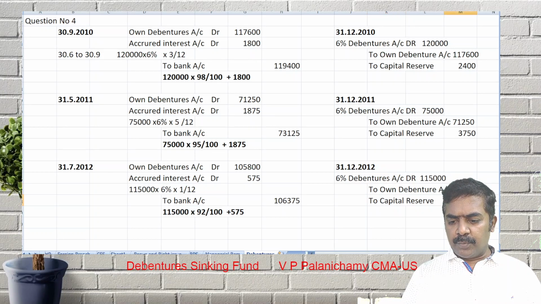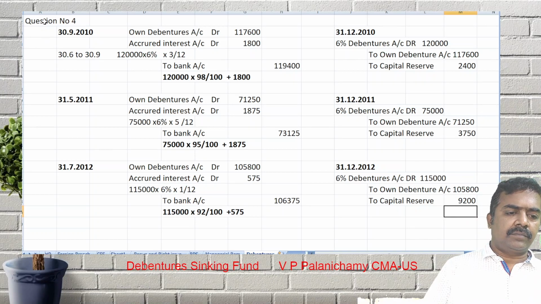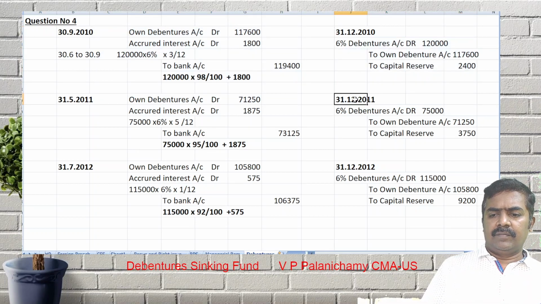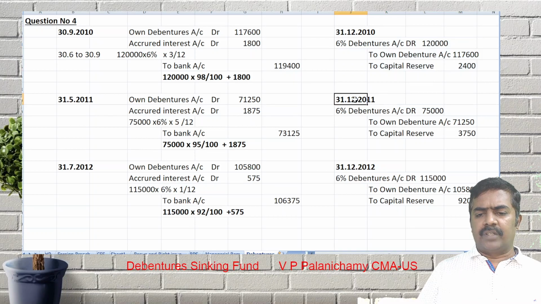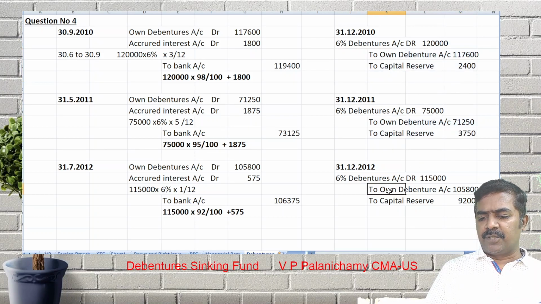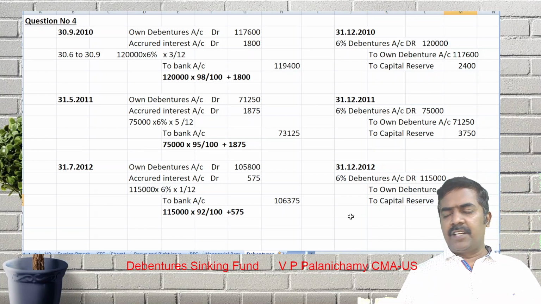Balance எவ்வளோ capital reserve போகும்? 9,200. That's it. Ledger accounts எல்லாம் வேணாம், unnecessary. இல்லை, if you want, we'll do for 3 years, no problem. Every year, debentures account ல to own debenture, to capital reserve, to own debenture, to capital reserve னு வரும் அவ்வளவுதான். By balance brought down வரும்.